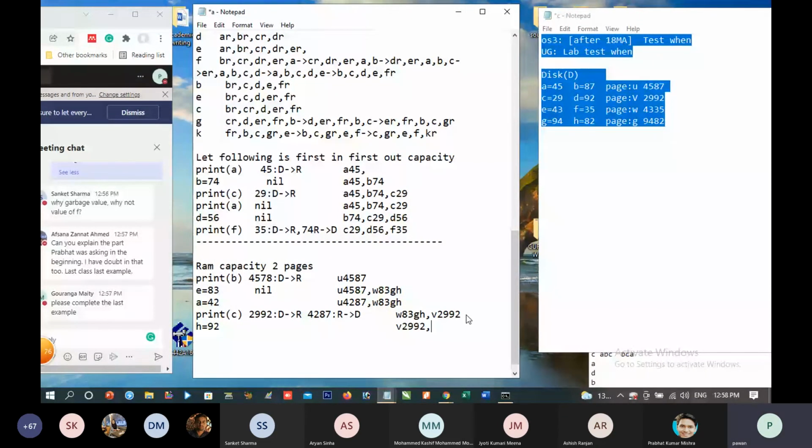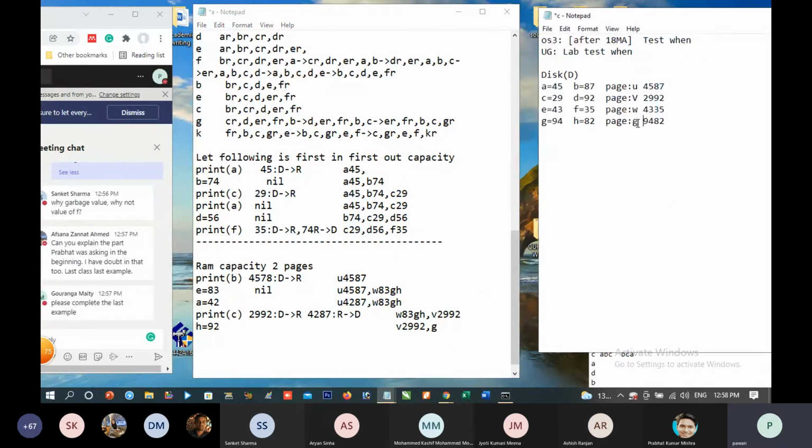Page G, no, let us make it UVWY. Page Y will be some garbage data, say ST followed by 92 will take place. And now 83GH will be removed.